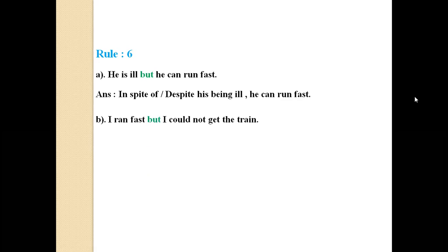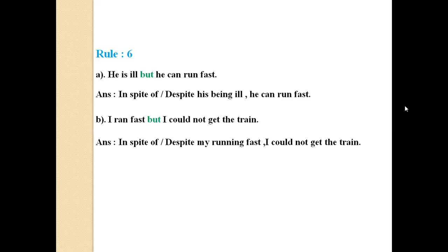Number B, I ran fast but could not get the train. So write in spite of or despite at the beginning of the sentence instead of but. So the answer will be in spite of or despite, then write the possessive of I, which is my, then ing with the main verb.